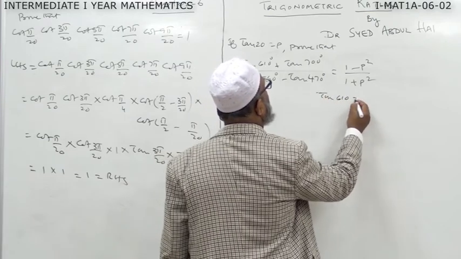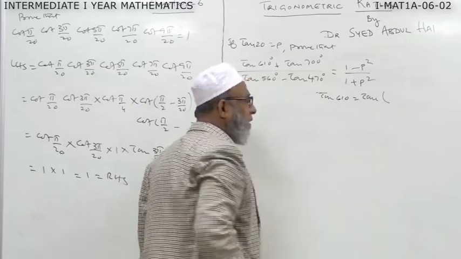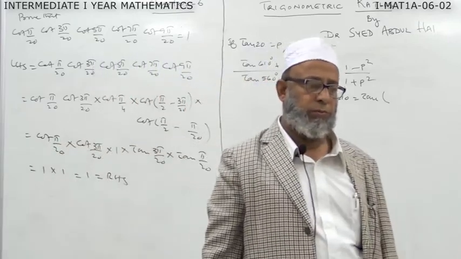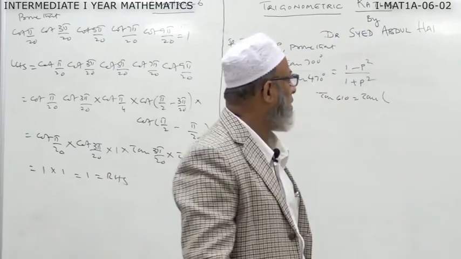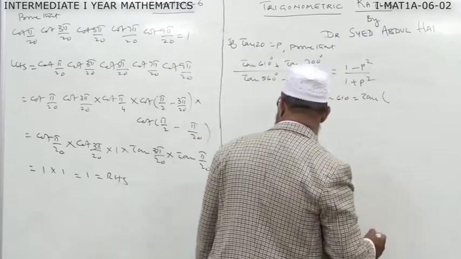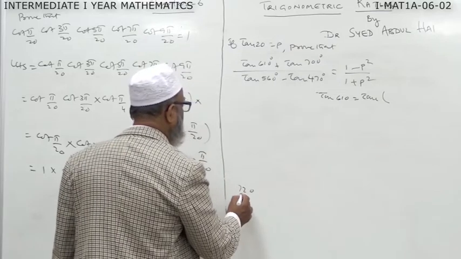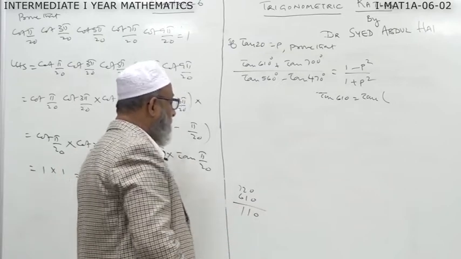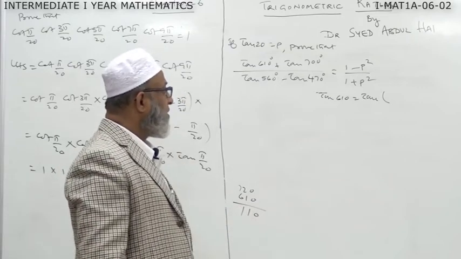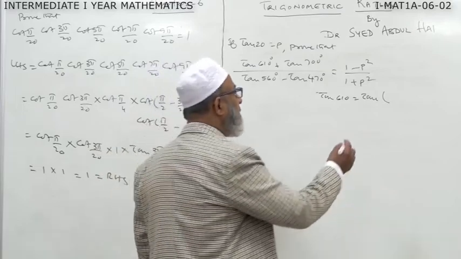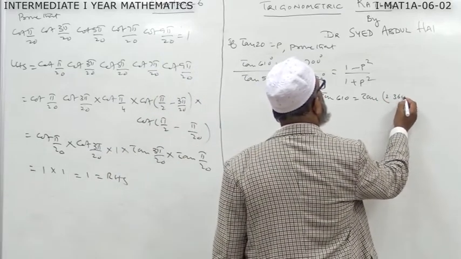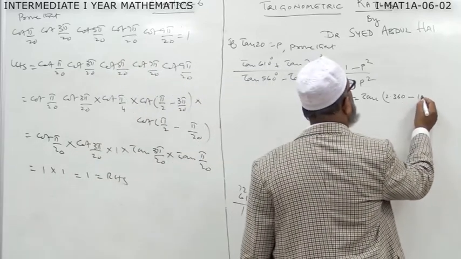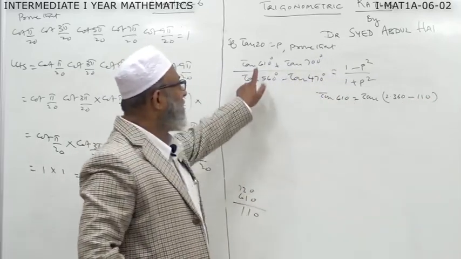Tan 610 can be written as 2 into 360, how much? 720. 720 minus 610: 0, 2 minus 1 is 1, 7 minus 6 is 1, so 110. So 610 can be written as 2 into 360, that is 720, minus 110.